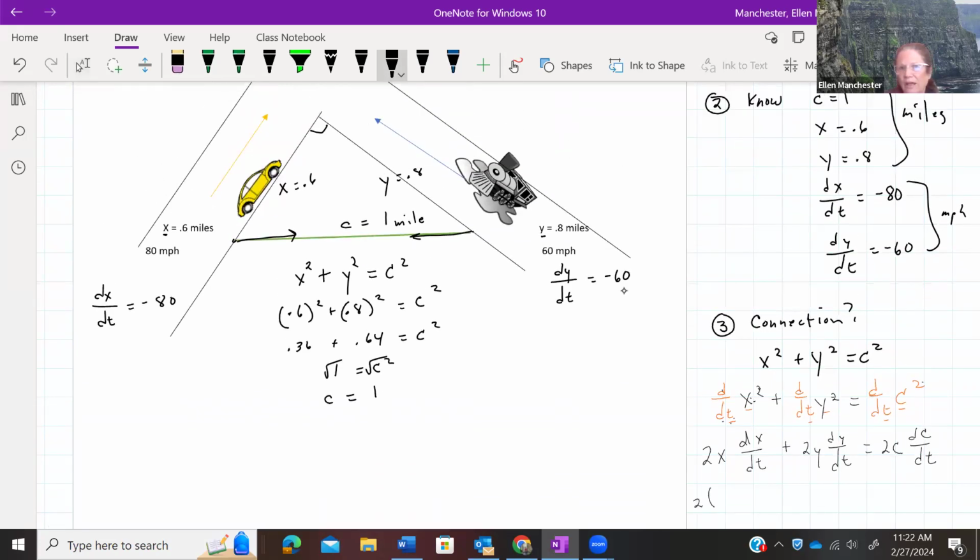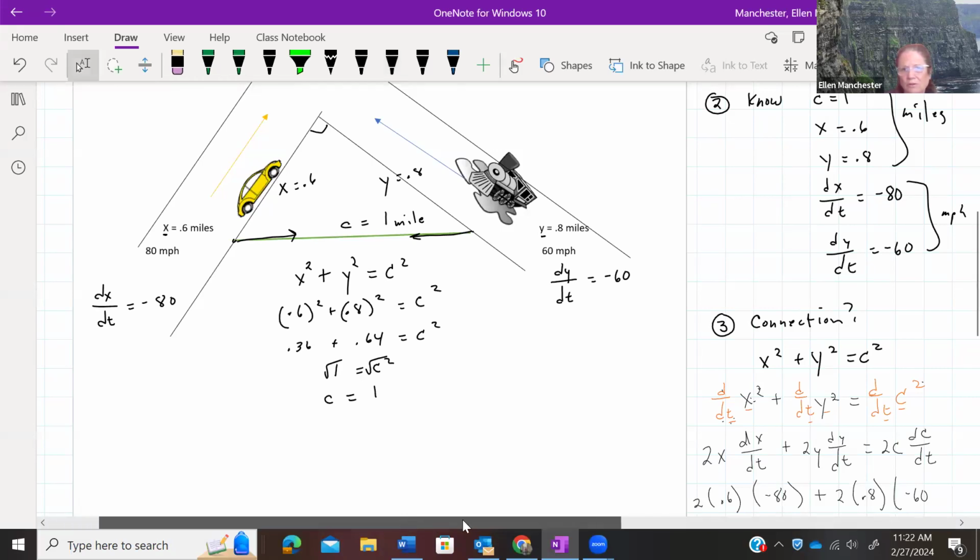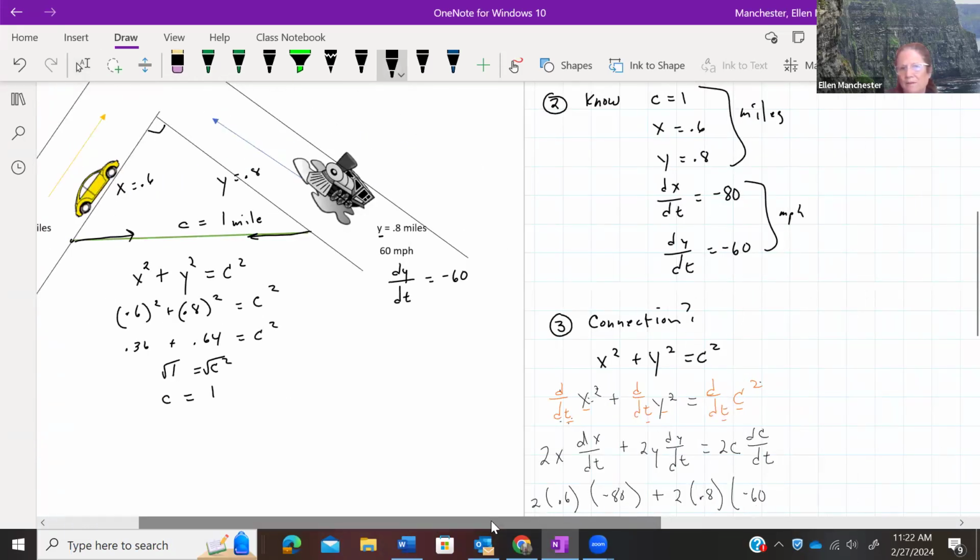So 2x is 0.6. How x is changing over time is negative 80. 2, my y is 0.8. How my y is changing is negative 60. And then 2, I know c is 1.